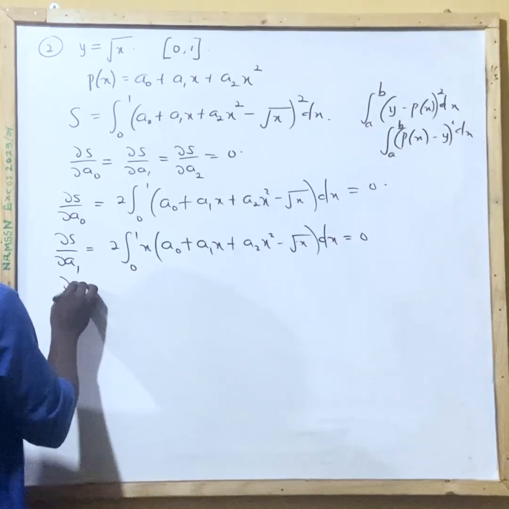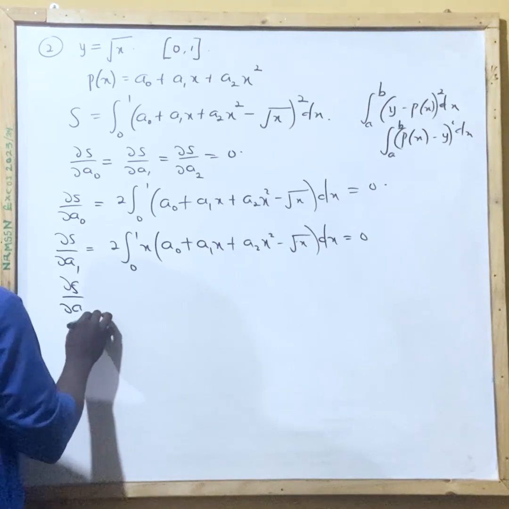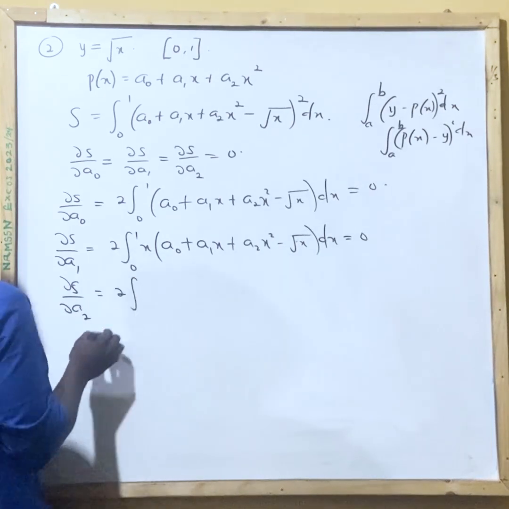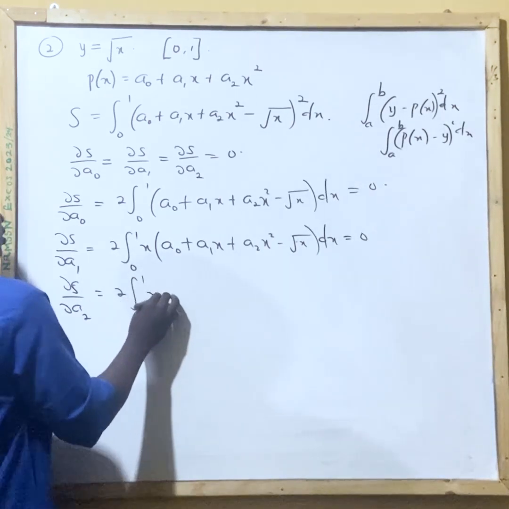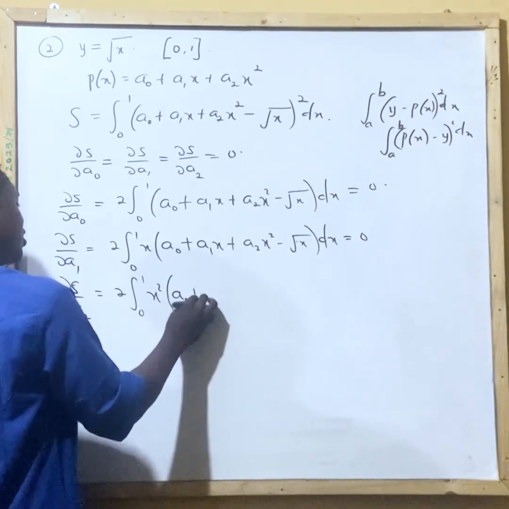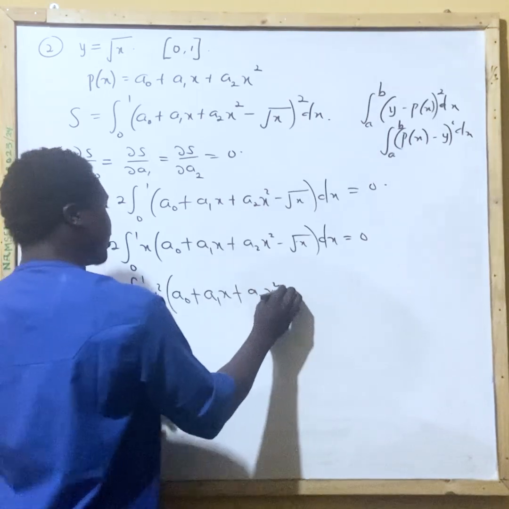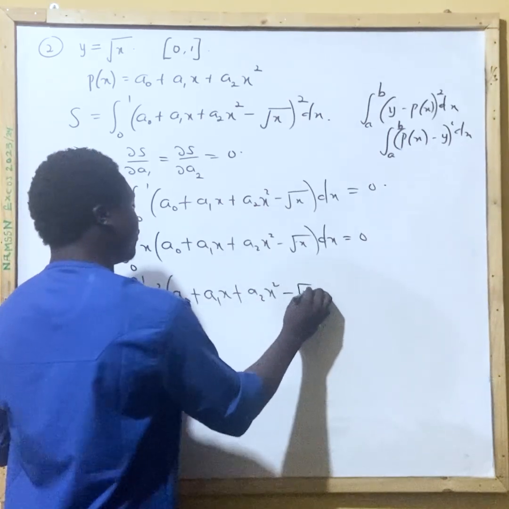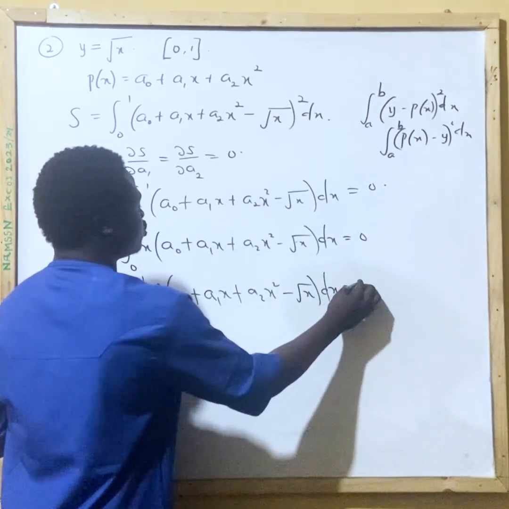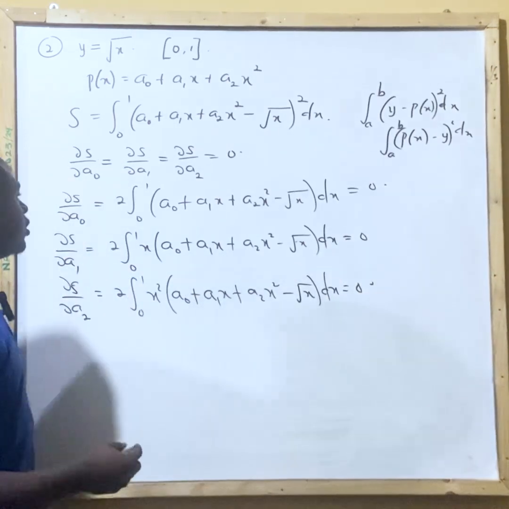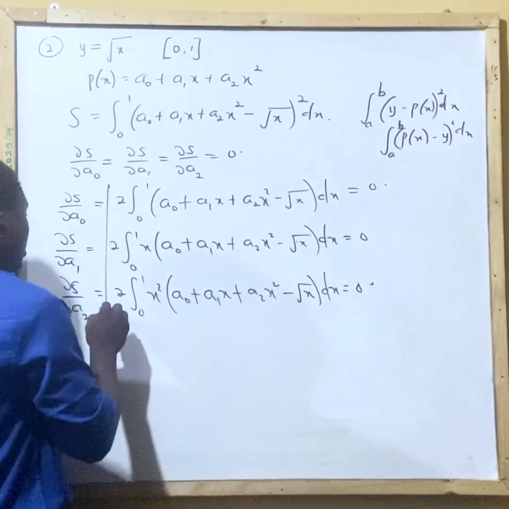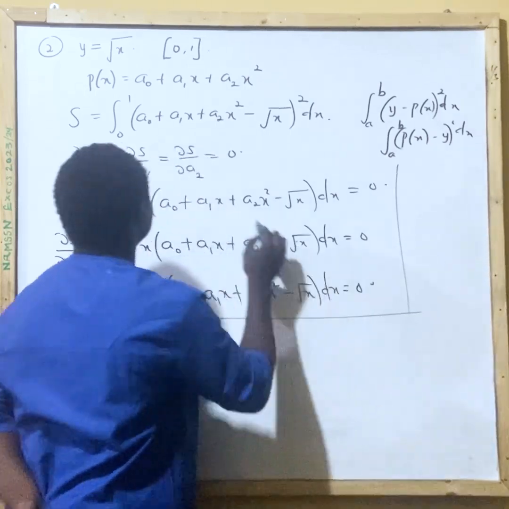The partial derivative with respect to a2 will be 2 integral 0 to 1 of x squared times a naught plus a1x plus a2x squared minus square root of x dx, and that too should give us 0. So we are considering these three equations giving us 0.